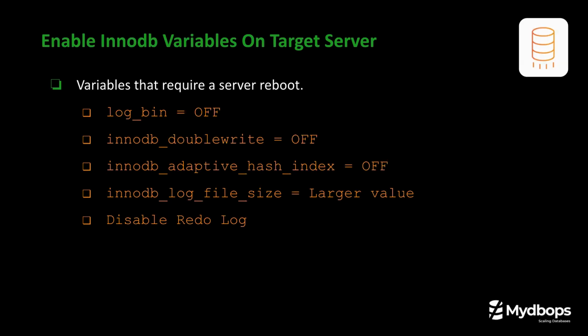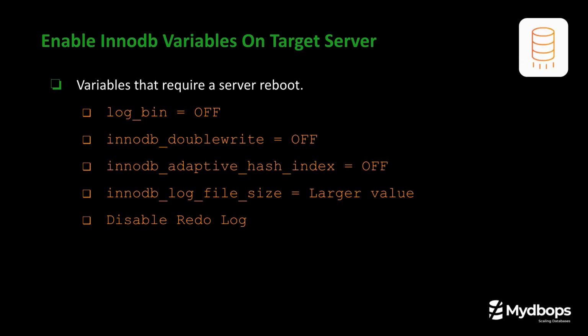Turning off InnoDB doublewrite and the InnoDB adaptive hash index cuts down the disk IO, memory and CPU usage, which improves the performance during big migrations. Also, increasing the InnoDB log file size to a higher value helps the bulk insert run faster.